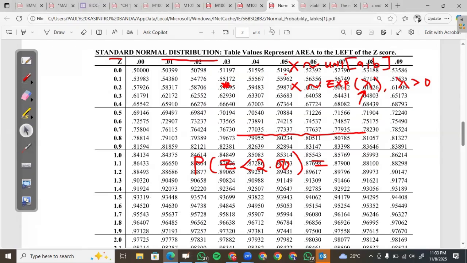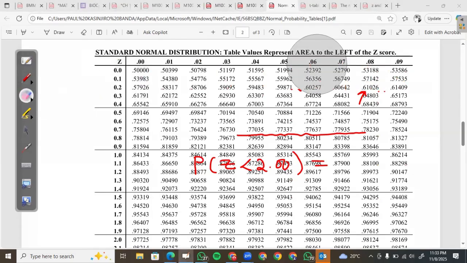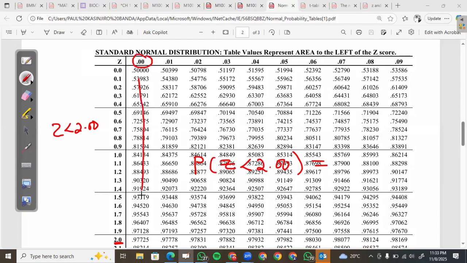If I go to my Z table, what is the probability that Z is less than 2.00? In the first column, I'm looking for 2. 2 is there, so in the first row, I'm looking for 00. I come down this column and meet there.